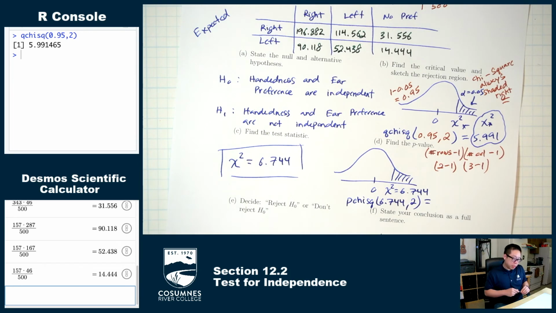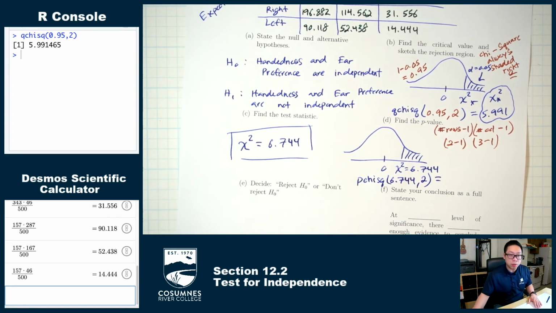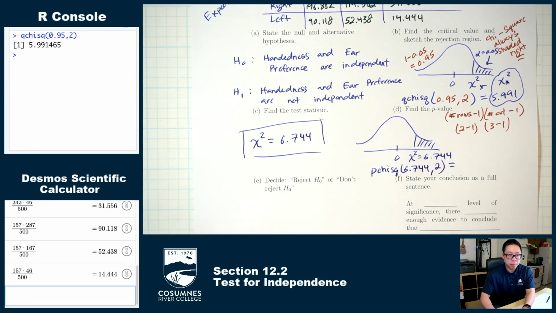We're going to do p chi-square 6.744 comma 2. 0.966.